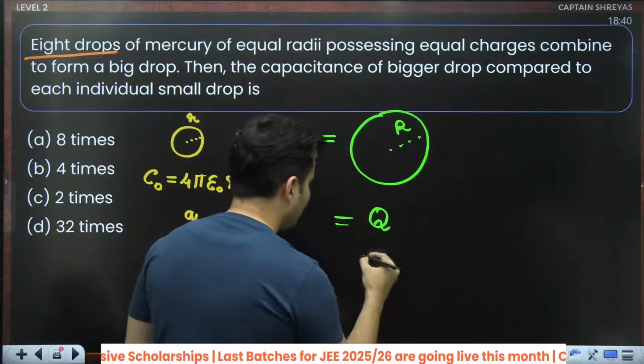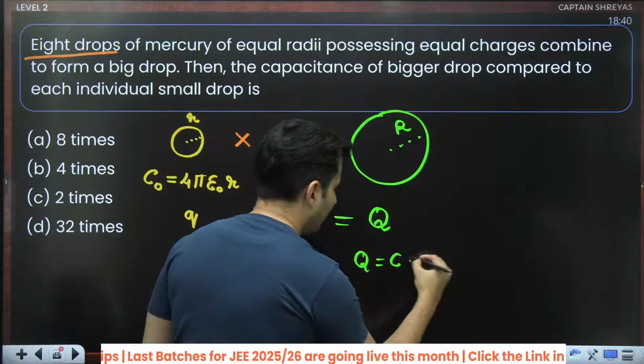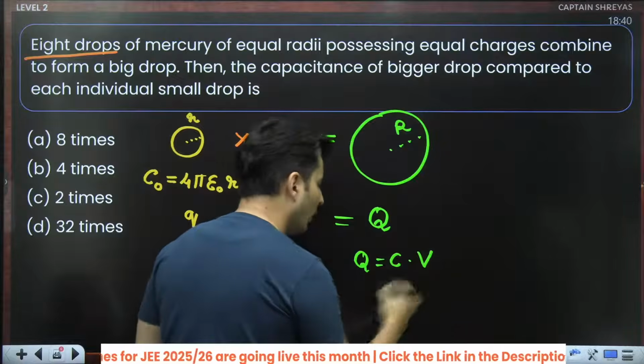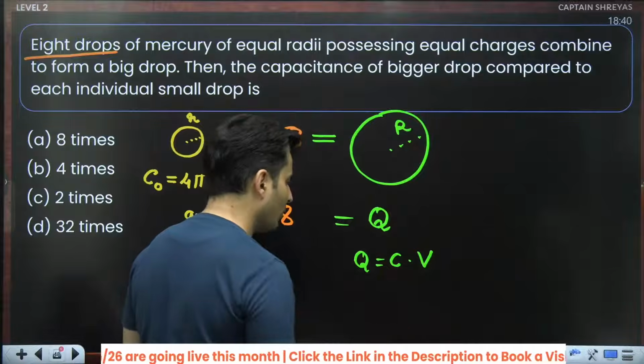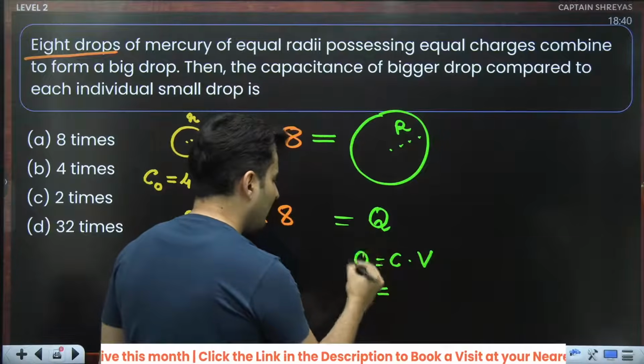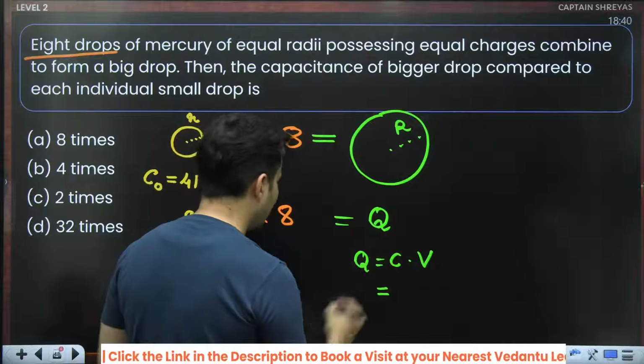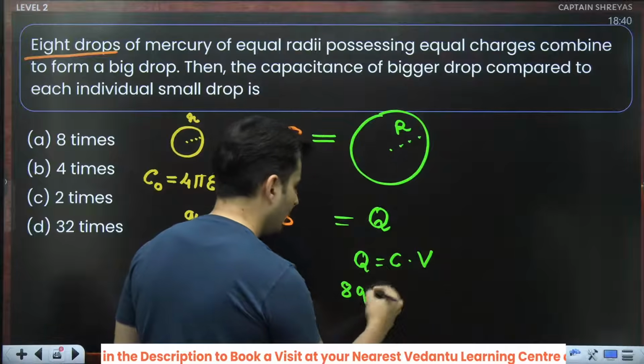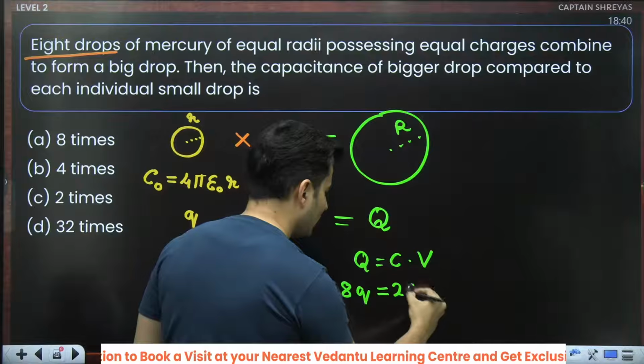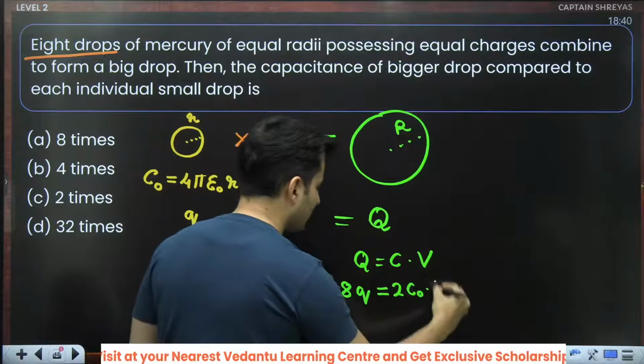We know that this Q is equal to that new capacitance into that new voltage. This capital Q is nothing but 8 times of small q. This C is 2 times of the original capacitance.